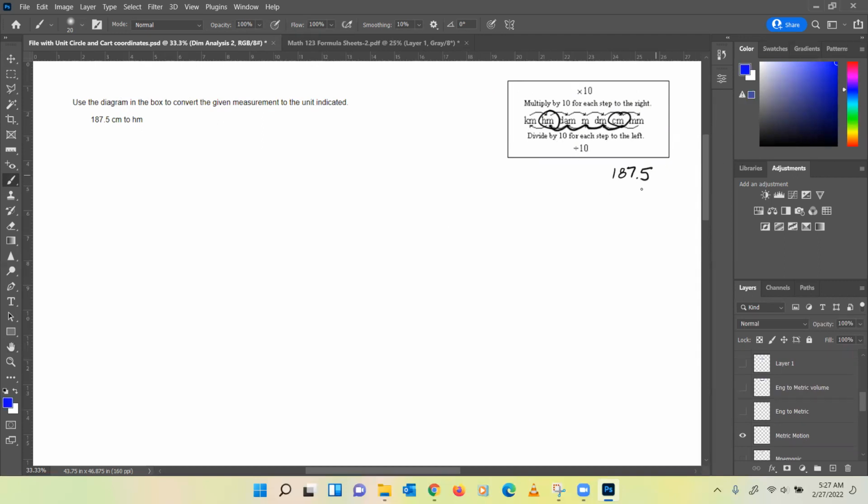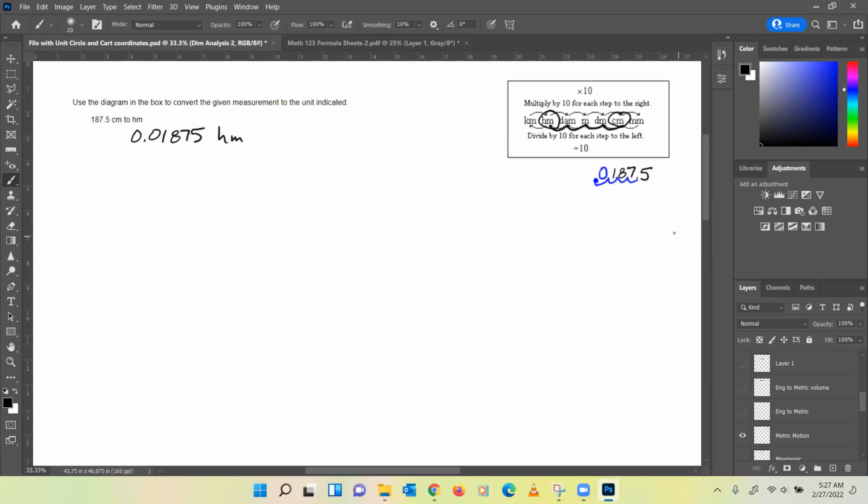So I'll take that decimal and move it 1, 2, 3, 4, and fill any blanks with a 0. So 187.5 centimeters equals 0.01875 hectometers.